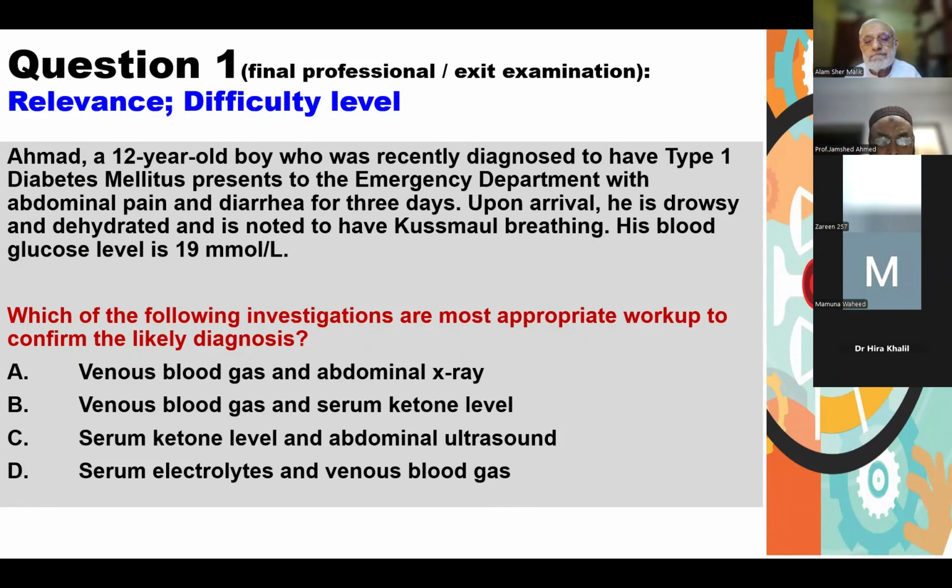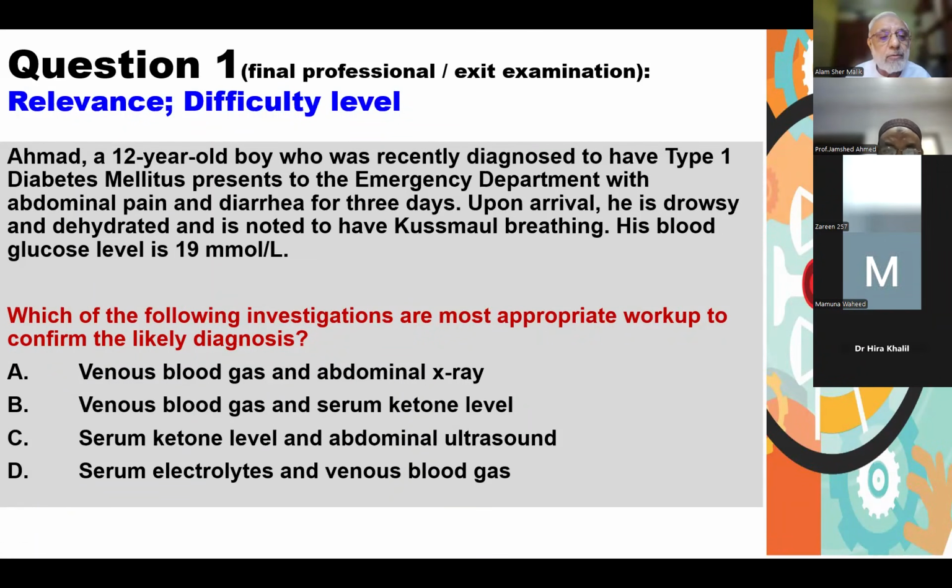Professor Jamshed? I think this is easy. Easy because it is frequently taught in the MBBS curriculum. Right. Now, when we use this method, for each question there would be discussion among the subject experts, and they would decide.